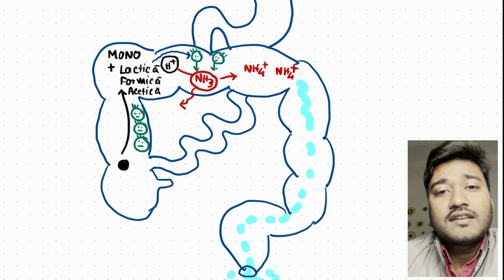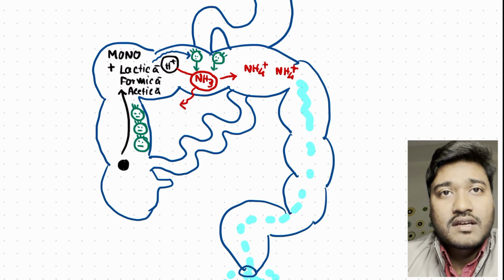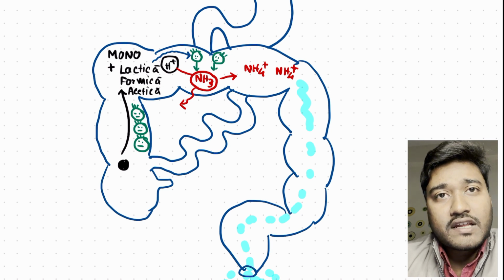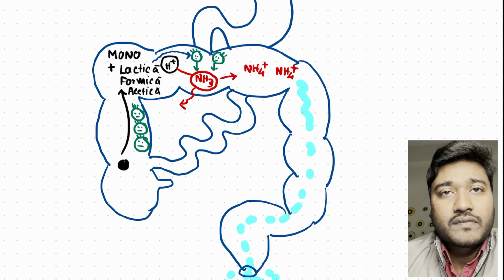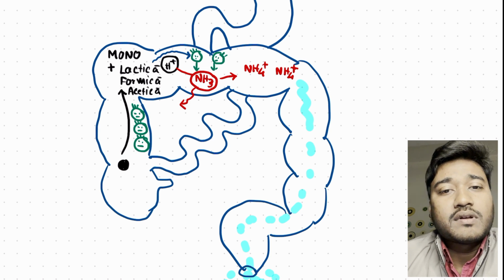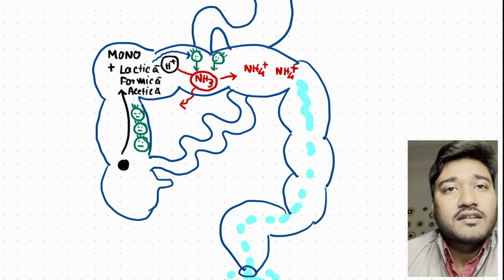So the NH3 is excreted as it is converted to NH4 plus via those acids, and those acidic environments inhibit the NH3 producing bacteria. So NH3 is reduced via flushing into the stool, and it cannot be absorbed.